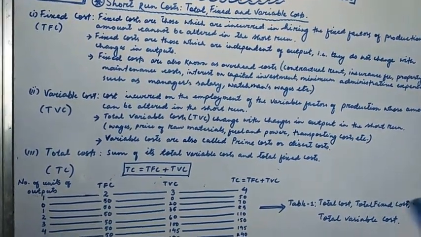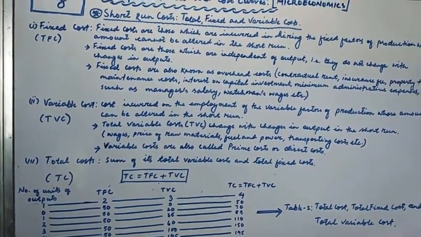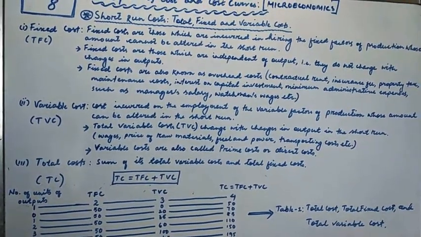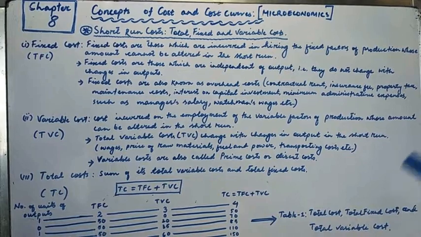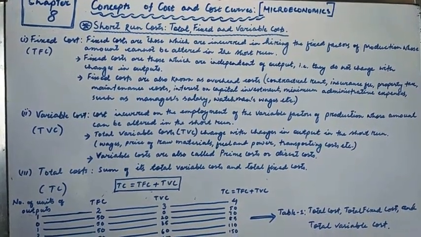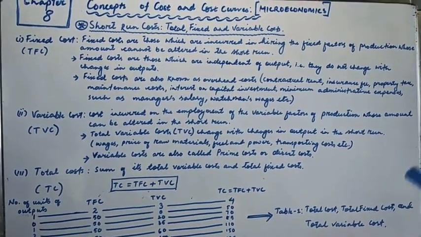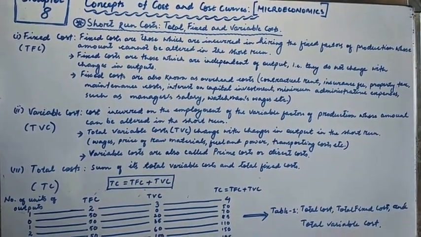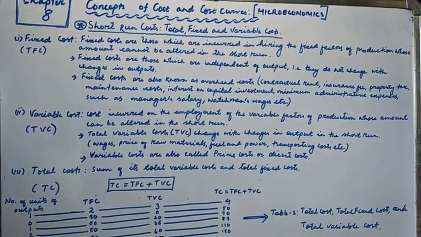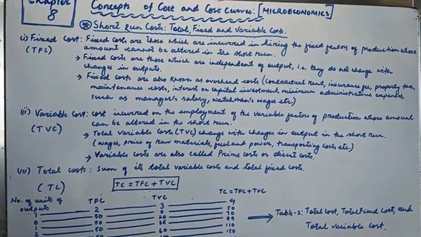Fixed factors mean factors which we cannot change in the short run, during a short period of time. Variable factors are those factors of production which we can change even in the short period of time.